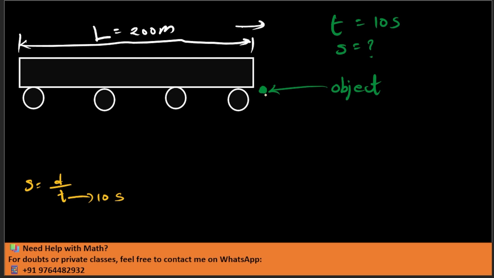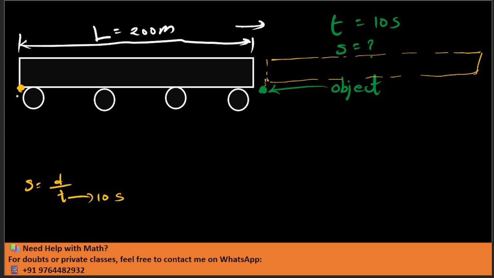When the tail part of the train, the end part of the train, will reach here. That means this train is here now. When the end part will be here, I can say that yes, this train has crossed this object.